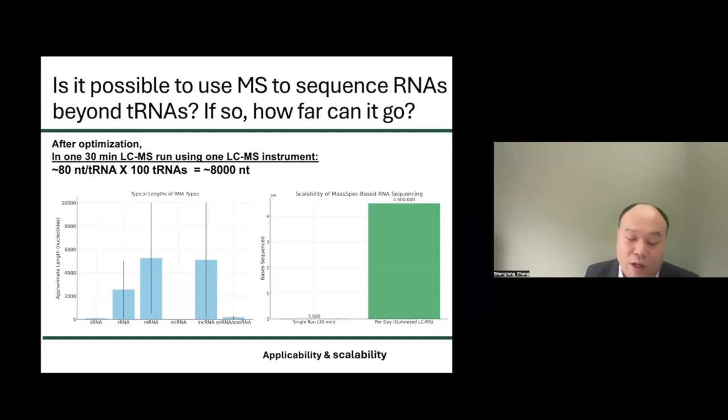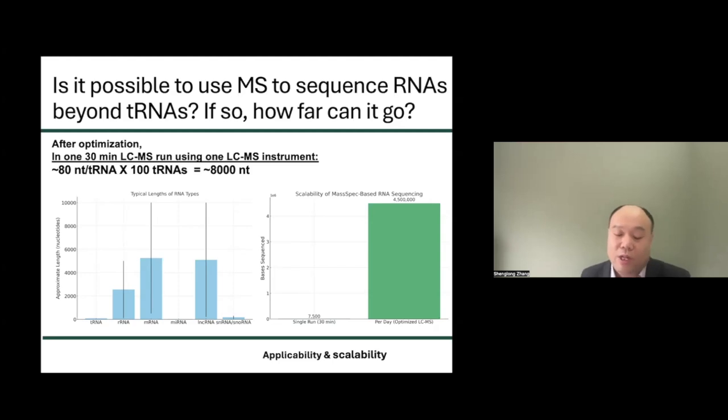We remain optimistic about the future of using mass spectrometry to sequence RNA, and we are confident this can be handled on large-scale RNA sequences as well. After optimization, we expect that in one single run, we can sequence about 8,000 nucleobases in 30 minutes.